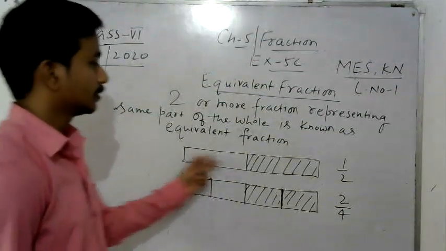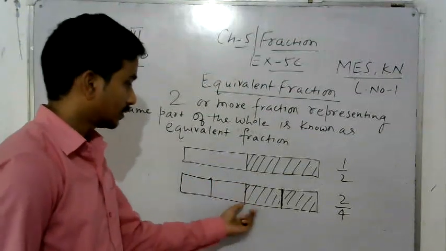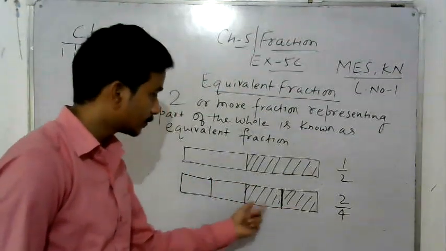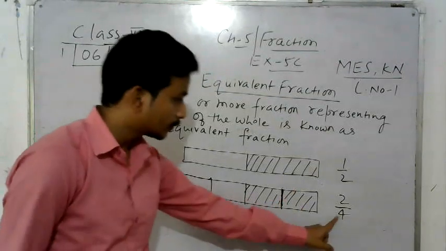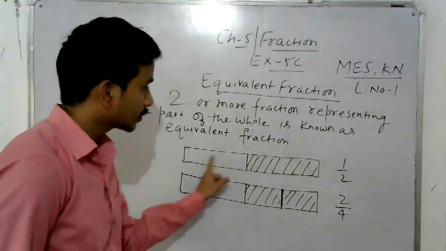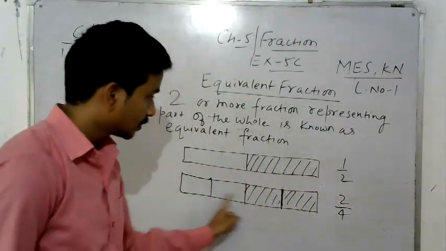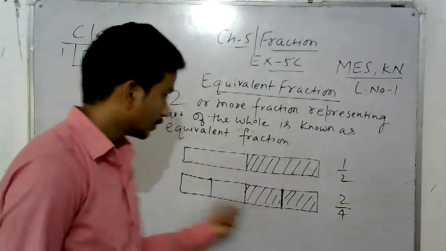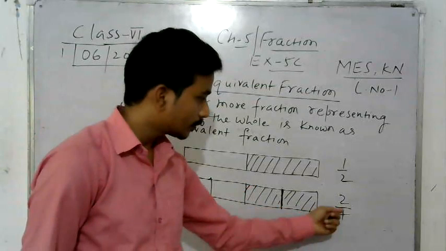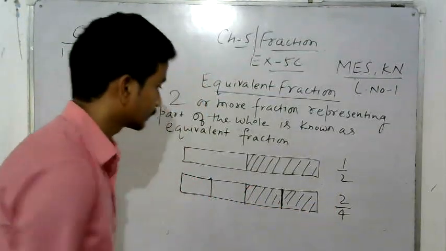If we divide this block into four parts, out of 1, 2, 3, 4 blocks, how many are shaded? We have to write the shaded part in fraction. 2 are shaded. So 2/4.